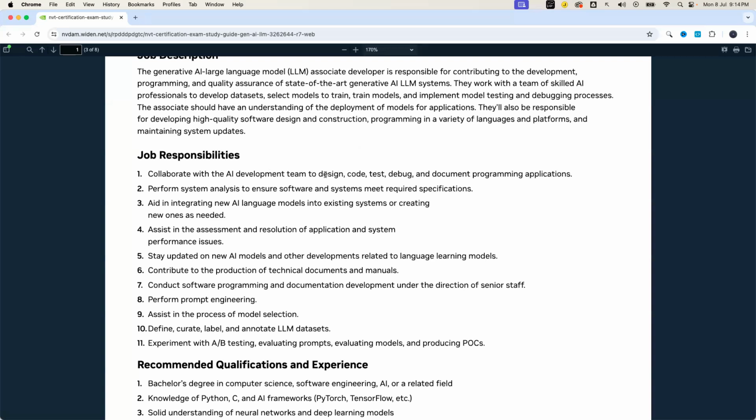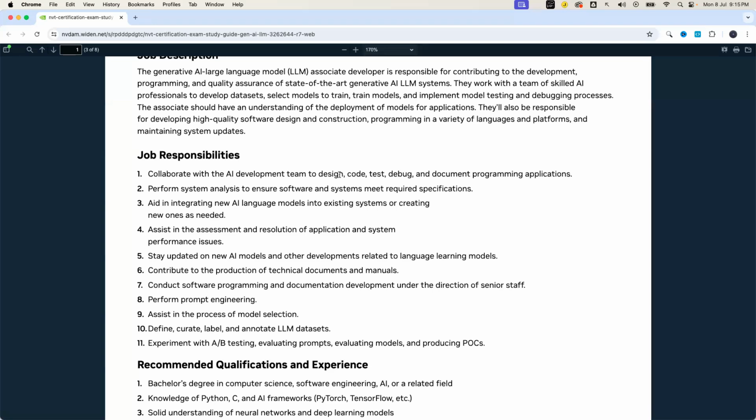So: collaborate with the AI development team to design, code, test, debug, and document the programming application; perform some kind of system analysis to ensure that the system and software meet the required specification; aid in integrating new AI models into existing systems or creating new ones as required; assist in assessment and resolution of application and system performance issues; stay updated on new AI models and the developments happening in the large language model space; contribute to the production of technical documents and manuals; conduct software programming and documentation development under the direction of senior staff; perform prompt engineering; assist in model selection; define, curate, label, and annotate the dataset for LLM; experiment with A/B testing; evaluate the prompts and the models; and produce proof of concept.